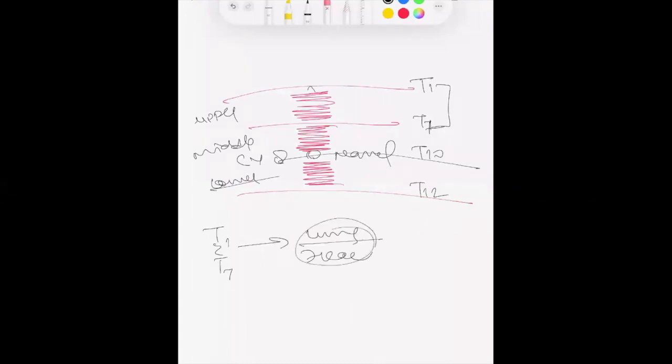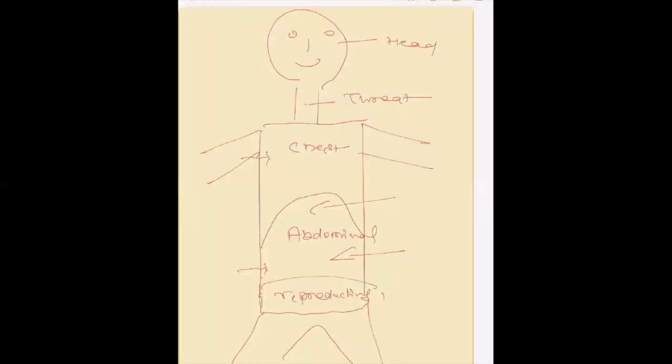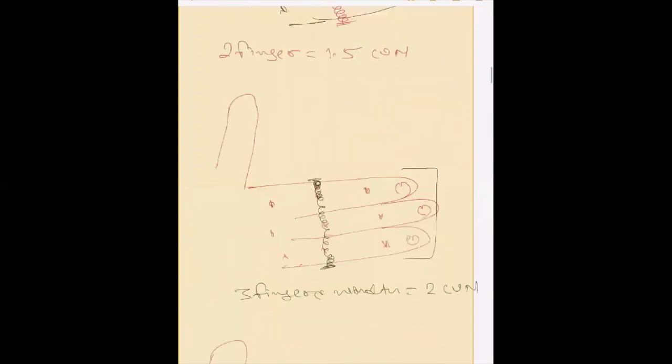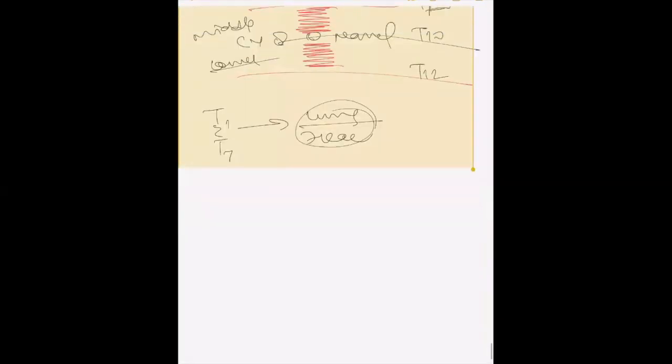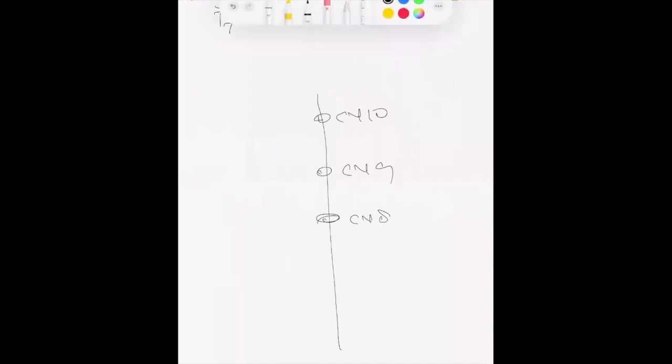So while treating these areas, means CV, so this is a central line. This is CV8, CV9, CV10. CV10 is the starting of thoracic vertebra T1. CV9 is thoracic 7.